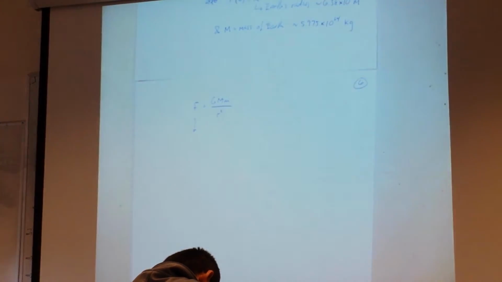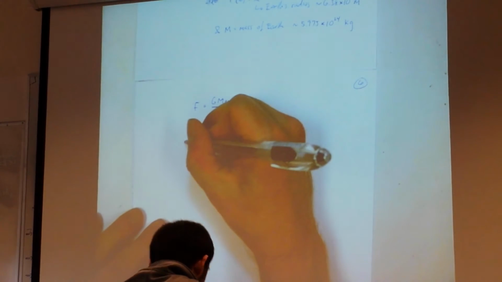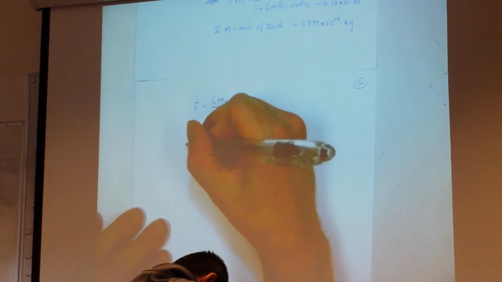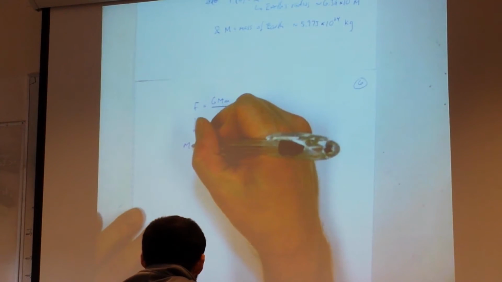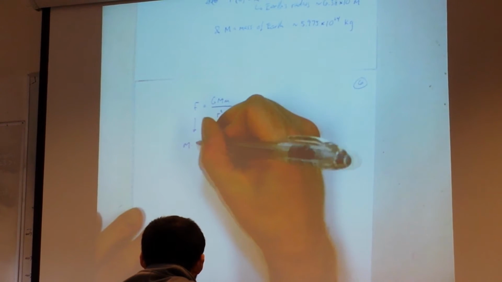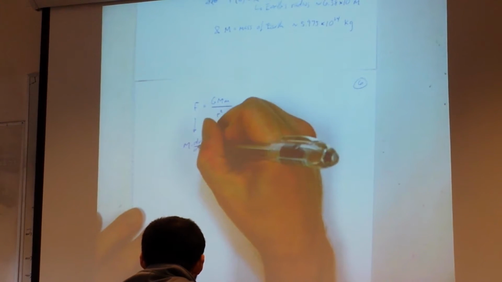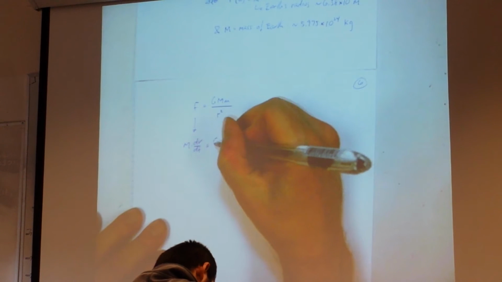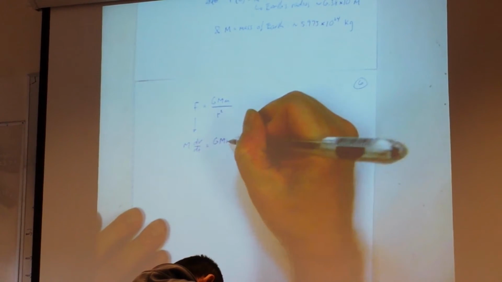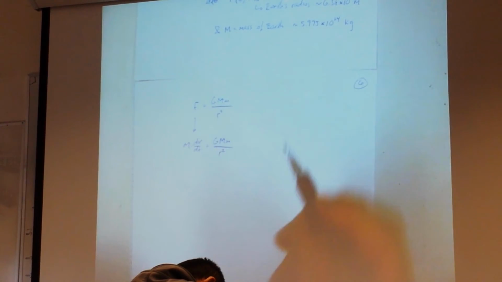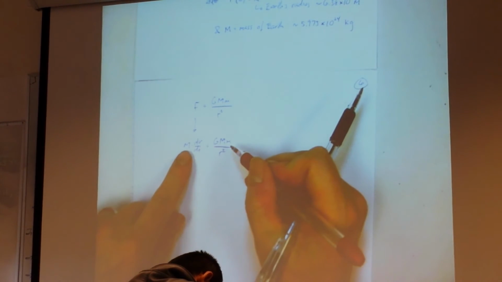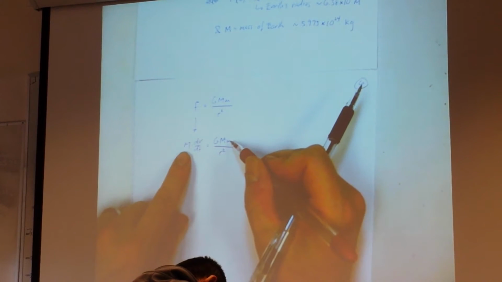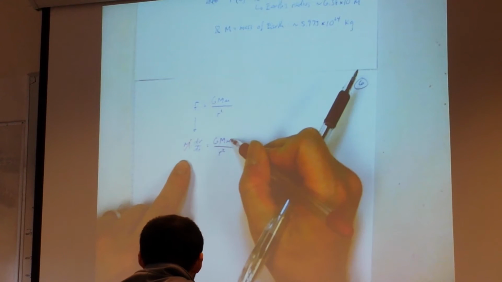If I replace the force F with m times a for acceleration, which is dv/dt, equals G capital M little m over r squared. And this little m, this is the force of the gravity on this little object. The little m will cancel out.